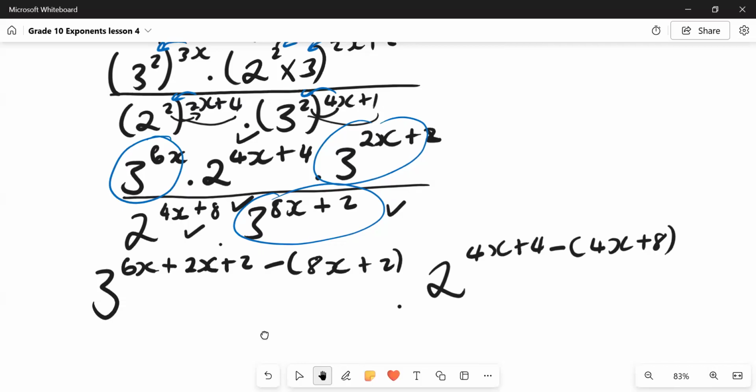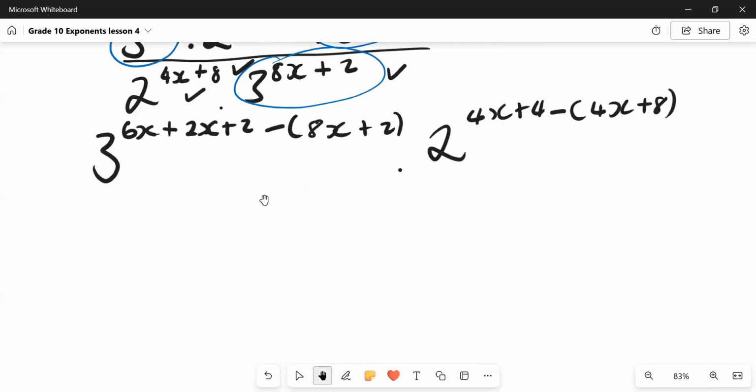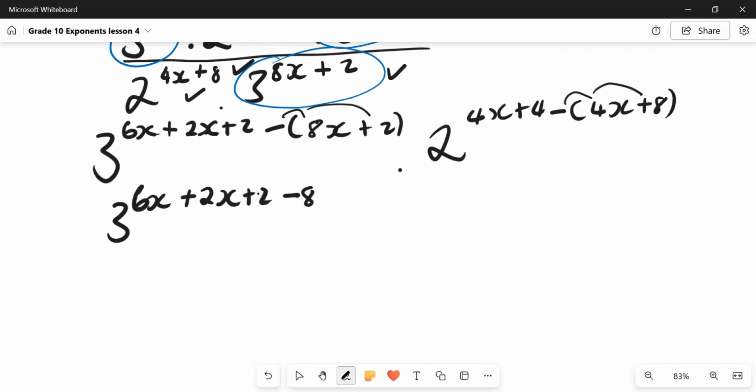And then from here, now you can distribute this minus 1 to remove the bracket, right? So let's do that. 3 to the power of 6x plus 2x plus 2 minus 8x minus 2, 2 to the power of 4x plus 4 minus 4x minus 8.